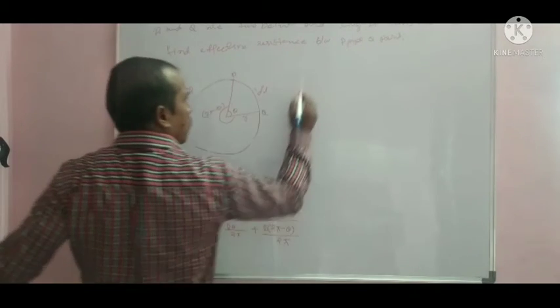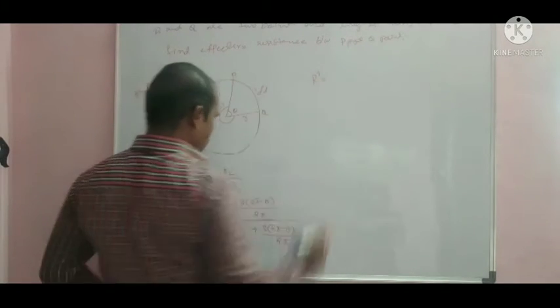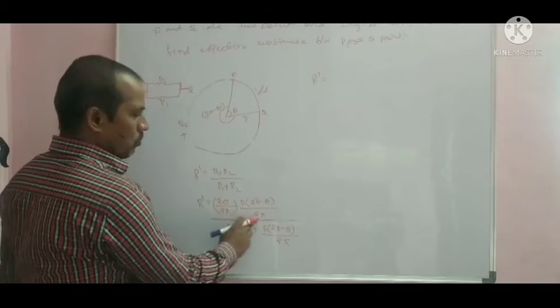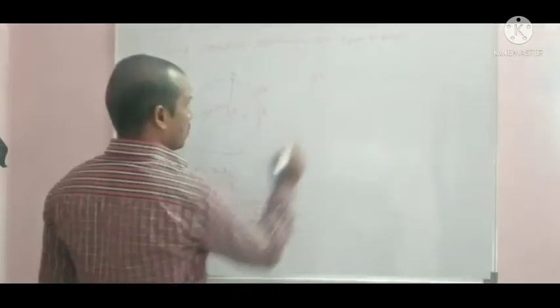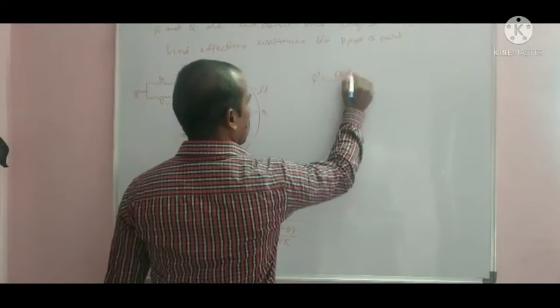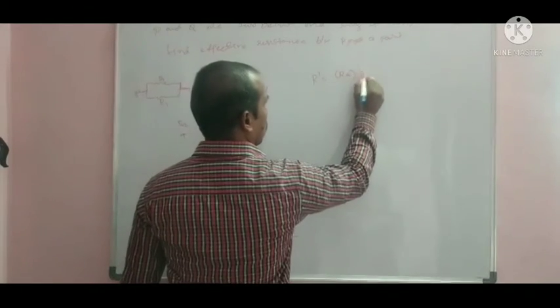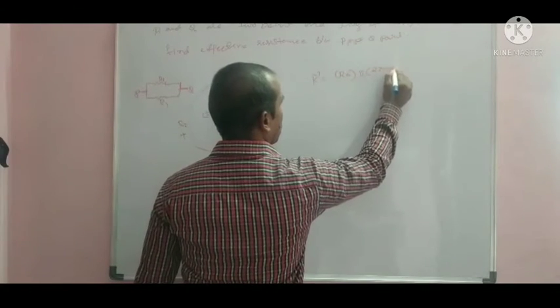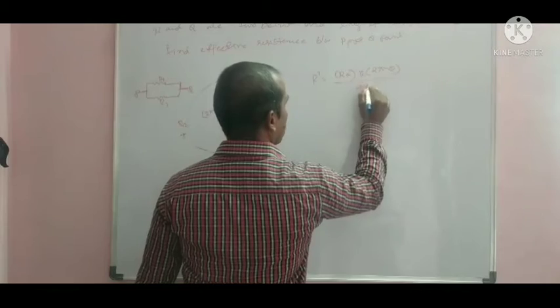So the effective resistance r prime is equal to 2 pi into 2 pi, 4 pi square, and this is r theta, r into 2 pi minus theta by 4 pi square.